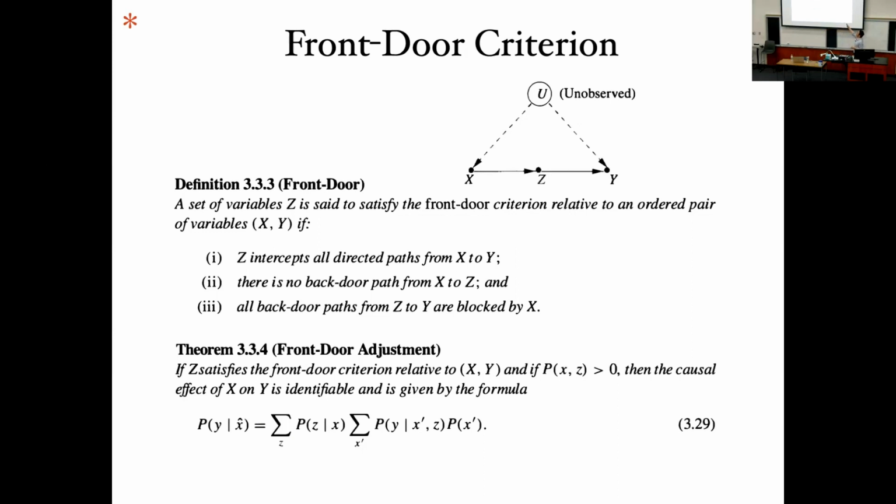In theory, you can even think of this situation as the case where you can apply the backdoor criterion twice. I will skip the details, but basically, if you have such a Z variable, although you have latent confounder for X and Y, you can identify the causal effect of X on Y by making use of Z. You can do adjustment this way. Okay.